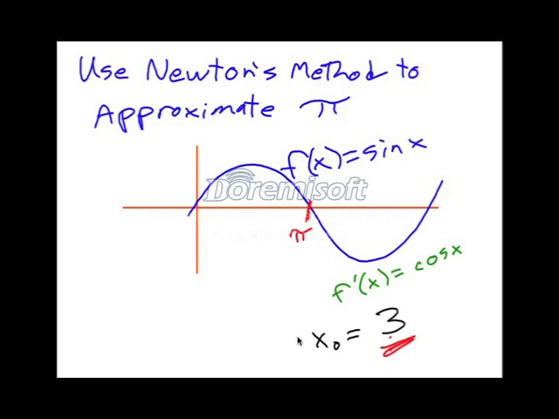That would be reasonable. So remember, any particular value comes from the previous guess minus f of the previous guess over f prime of the previous guess. That came from the tangent lines. And we know the derivative of sine is cosine, so literally all we're going to do on our calculator is plug this stuff in.